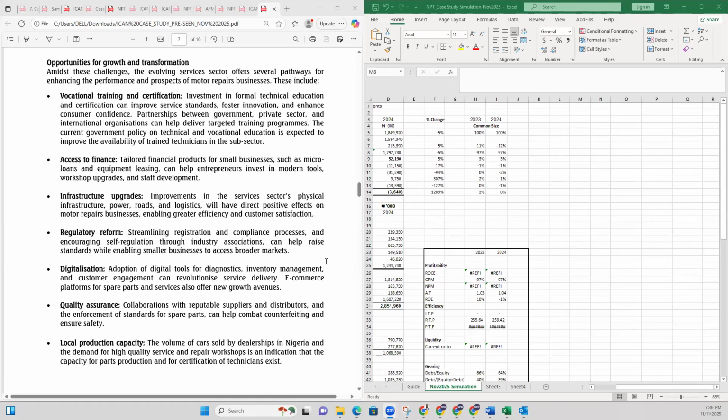Quality assurance. Collaborations with reputable suppliers and distributors and enforcement of standards for spare parts can help combat counterfeiting and ensure safety. Local production capacity. The volume of cars sold by dealerships in Nigeria and the demand for high-quality service and repair workshops is an indication that the capacity for parts production and for certification of technicians exists.